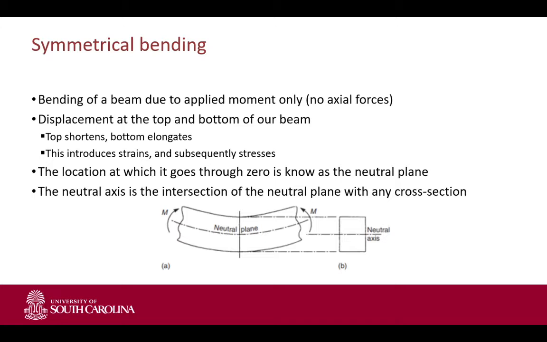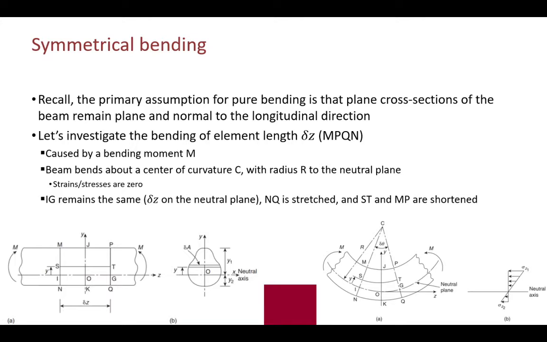And we said that if we bend the beam, we basically will have a pure bending moment. And therefore, if you bend it, part of it will elongate, part of it will shorten. And then we said, well, we can see that as basically bending around the curvature with the center of curvature at point C with the radius r.